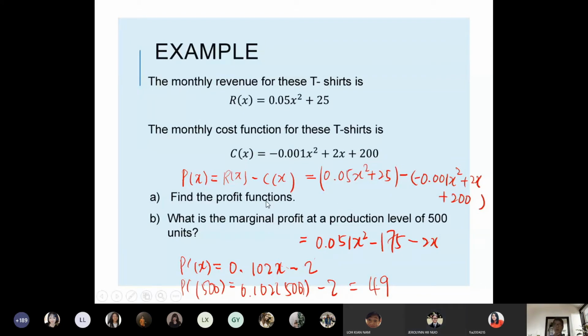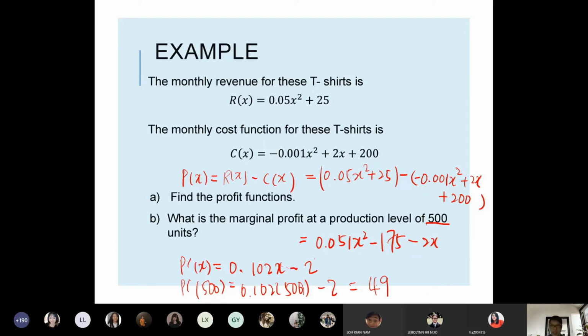Now I want to emphasize here, what is the meaning of this 49? It means that when we produce one additional unit after 500, the profit will increase by $49.